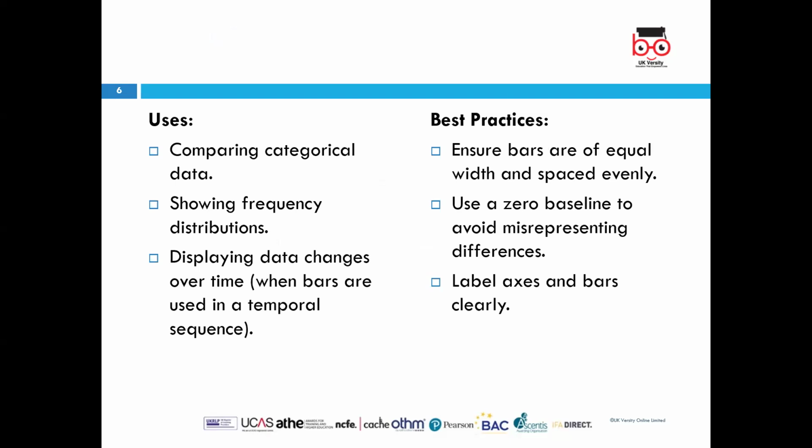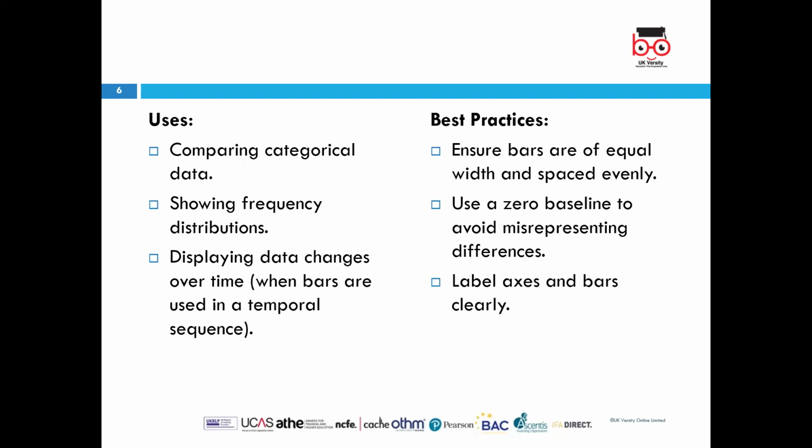So here we have use and best practice for bar chart, where with use we are going to be comparing categorical data, showing frequency distribution and displaying data changes over time when the bars are used in a temporal sequence.